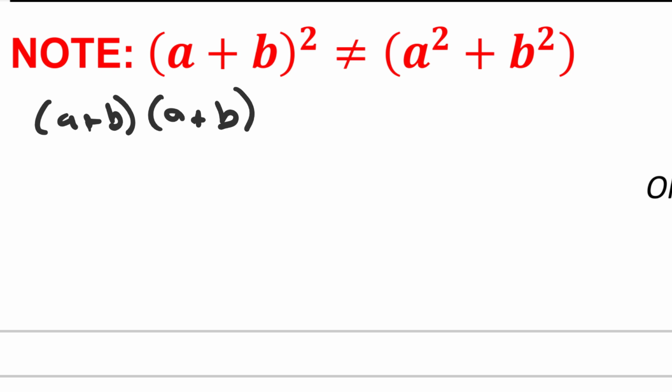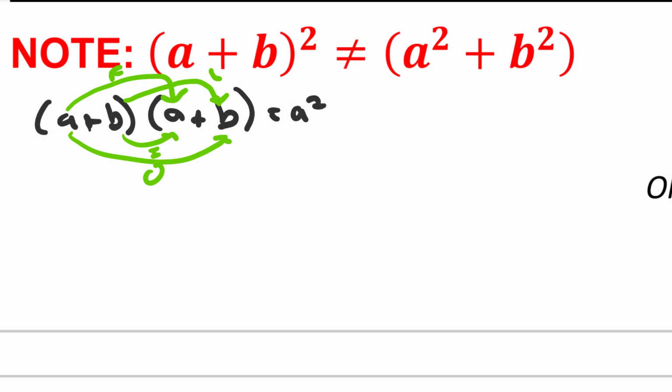Now when you have 2 binomial terms, you know that you would do something like FOIL. So you multiply the first one, so I'll just write F. You multiply the outside one, so that's O. And then you multiply the inside one, so that's I. And then the last one, so L. So then that would give you A squared, A times A, plus AB, plus BA, plus B squared.